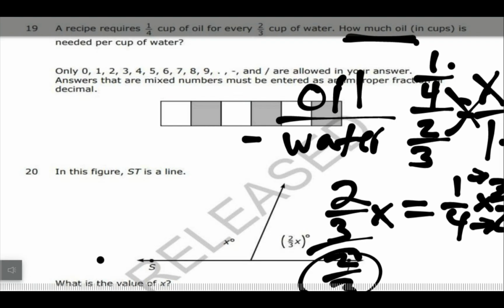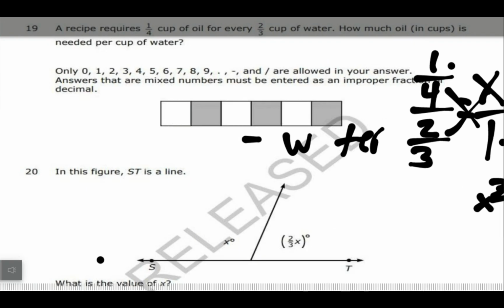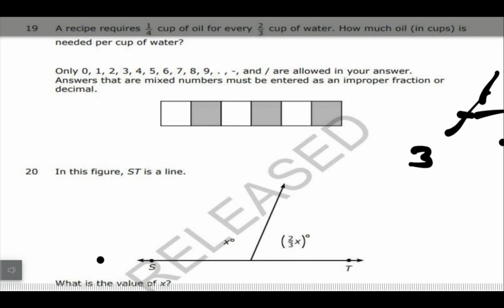And then I just multiply across. 1 times 3 is 3. 4 times 2 is 8. All right, so I put the 3 here. Okay, I want to use this for my fraction bar. And then 8. All right, so again, lots of dividing by fractions.